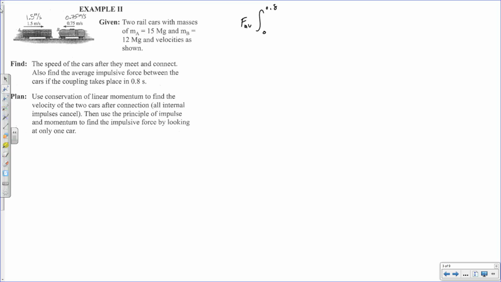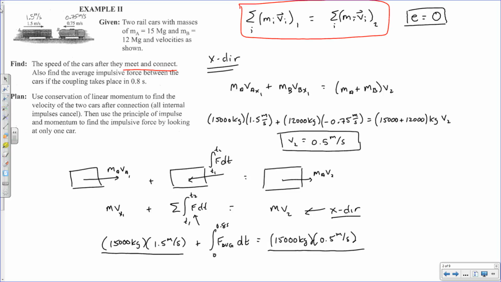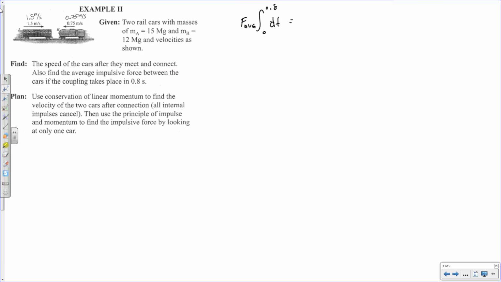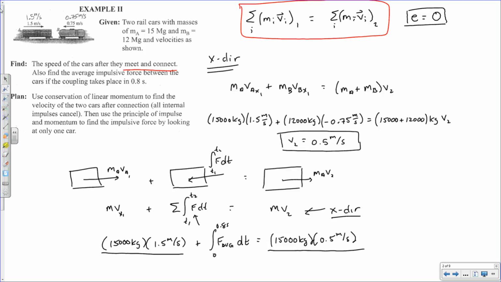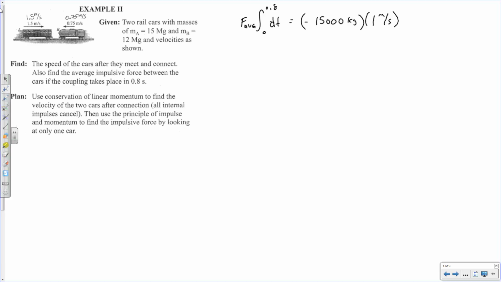I'm going to pull that out of the integral because we recognize that's a constant, dt. And if we subtract the 15,000 times 1.5 from the 15,000 times 0.5, that's going to be equal to a negative 15,000 kilograms times 1 meter per second.